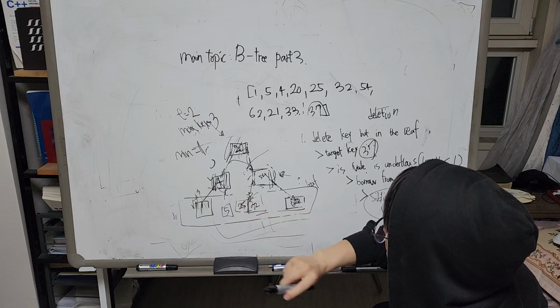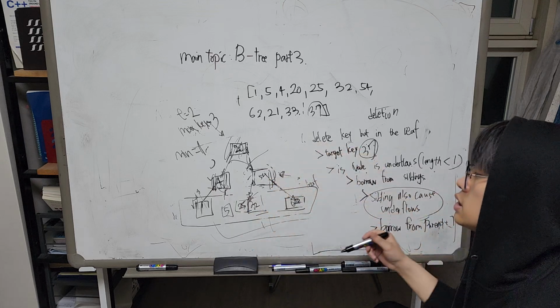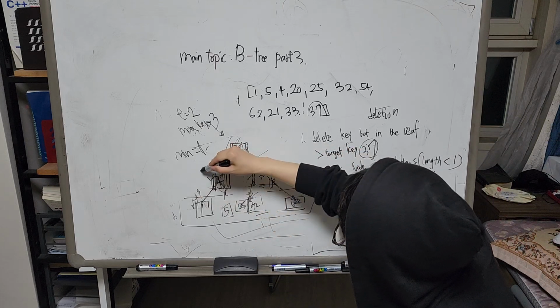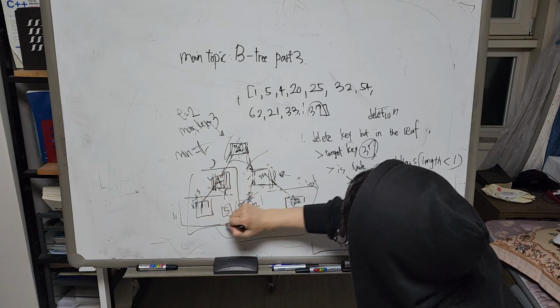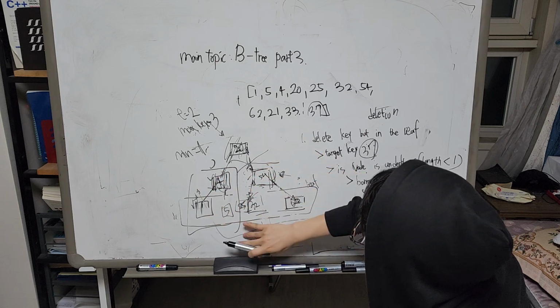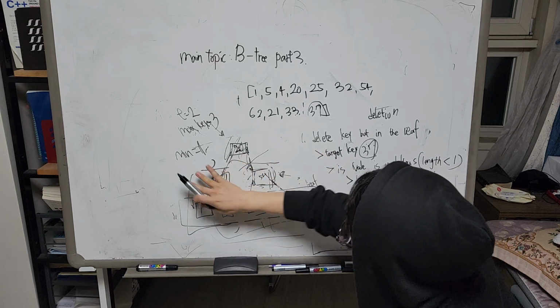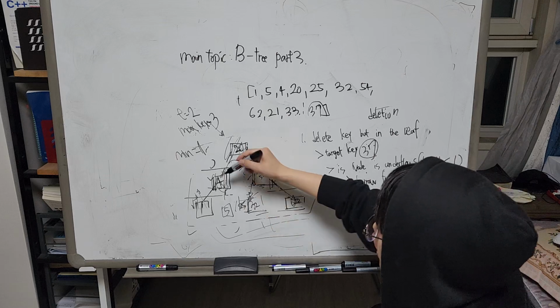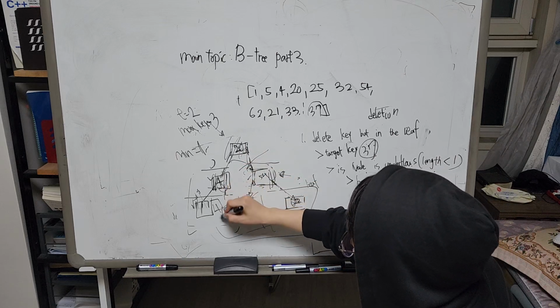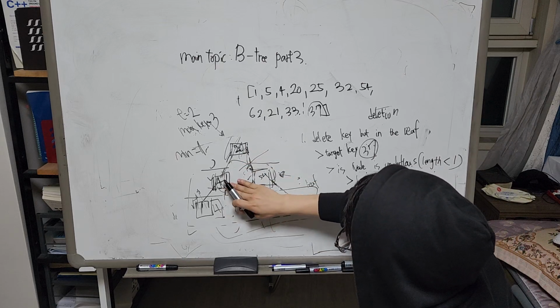The reason why you cannot borrow from the sibling is that it's really independent here. So you get 4 here, and now you delete 5.